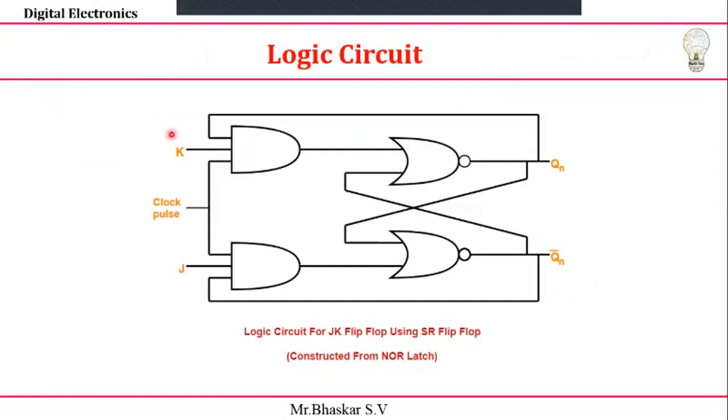If I don't connect these inputs, this is your SR flip-flop constructed using the NOR latch. But if I connect the outputs to the inputs, then it is taken as a JK flip-flop. I'm just showing the construction here.